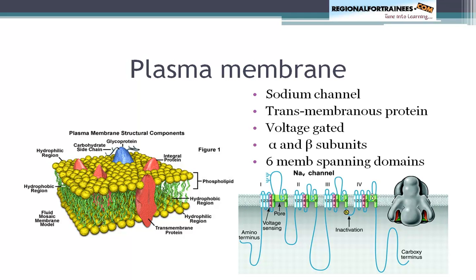We would be doing a separate podcast on the sodium channel and its functioning, so I won't take too much time on this, but we need to remember that there are voltage gated channels on the plasma membrane, mainly the sodium channel, which is where we need to focus in a neuron.